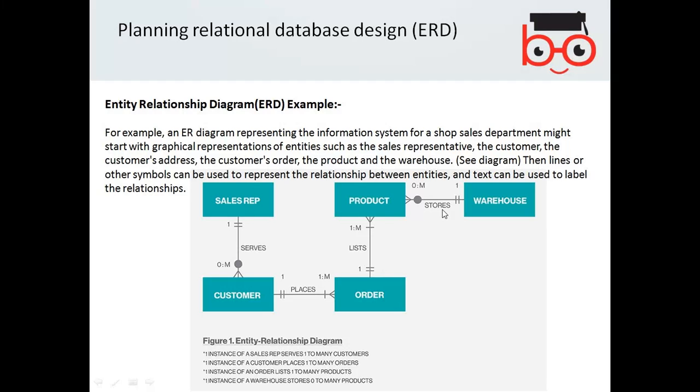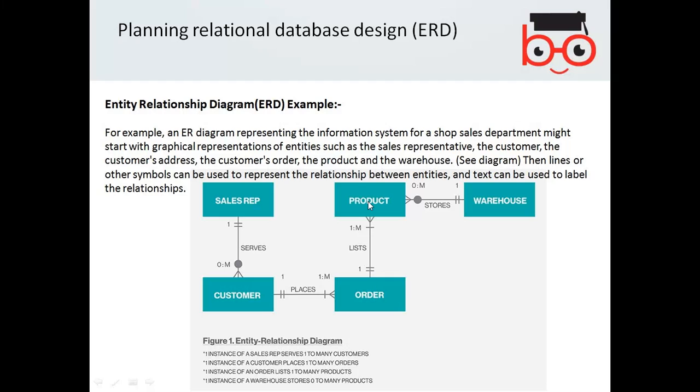The sales representative is connected with the customer using a line, and the description describes the relationship between the entities. One sales representative can have many customers. One customer can have one order or many orders.